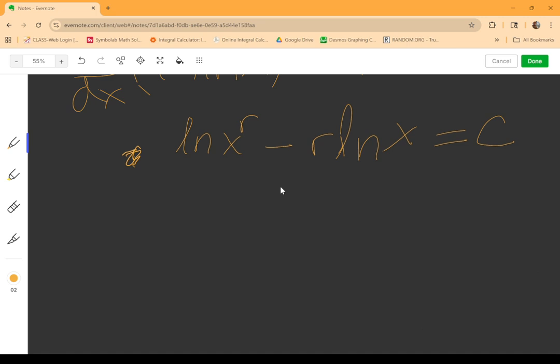And now I can solve for c by letting x equal 1.